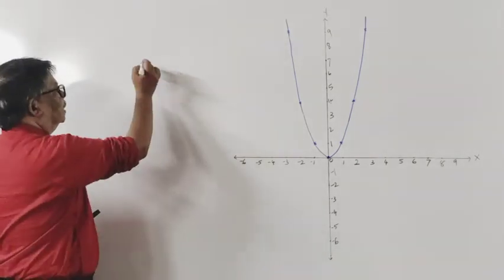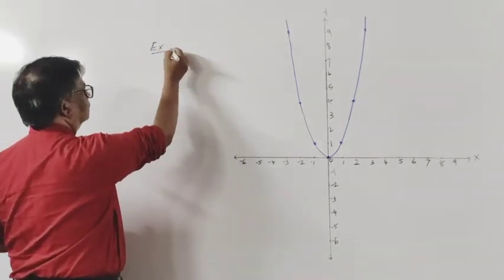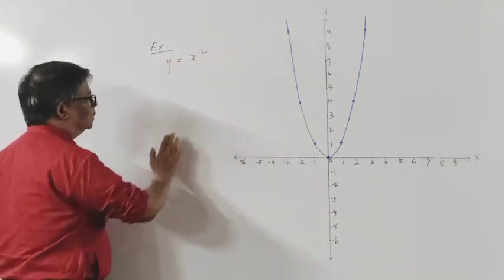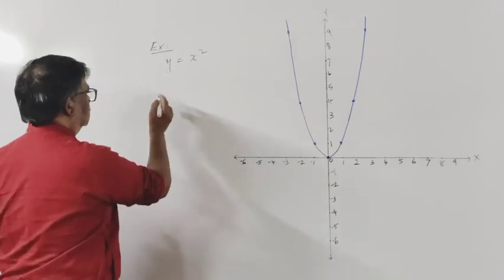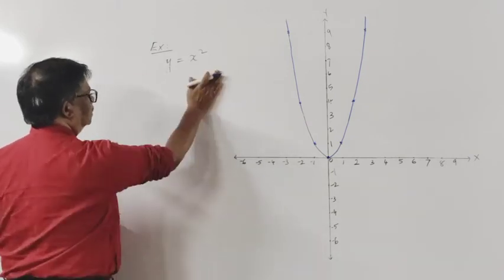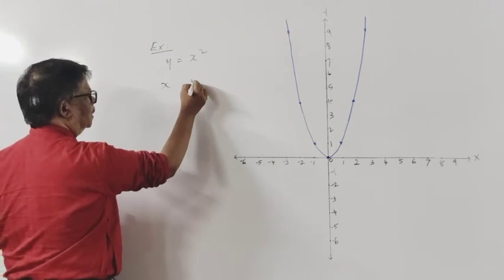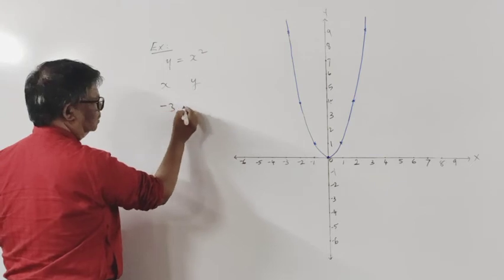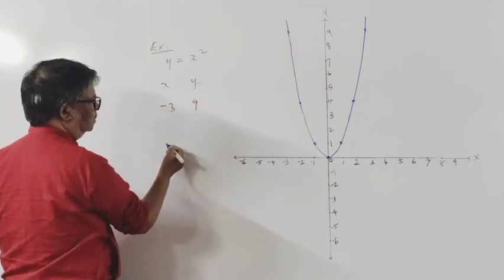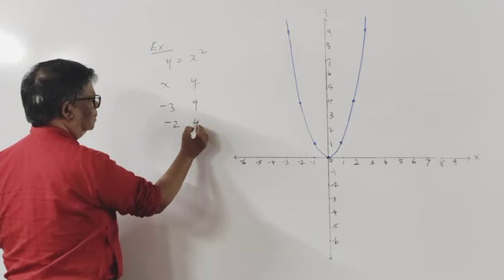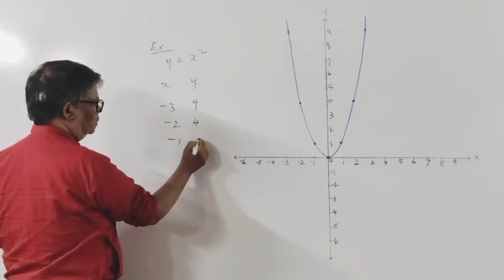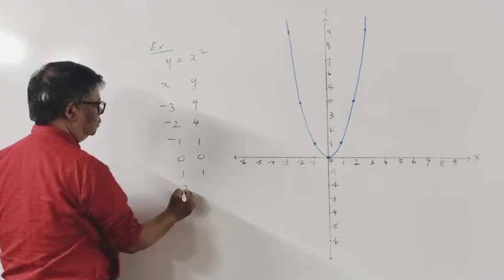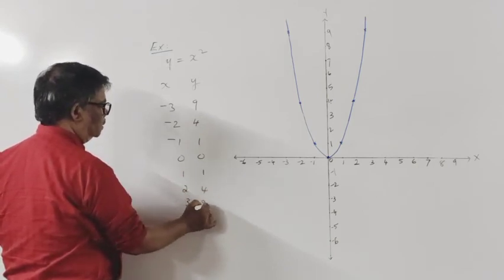Let us consider another example. y is equal to x square. The ordered pairs (x, y) are minus 3, 9, minus 2, 4, minus 1, 1, 0, 0, 1, 1, 2, 4, 3, 9.